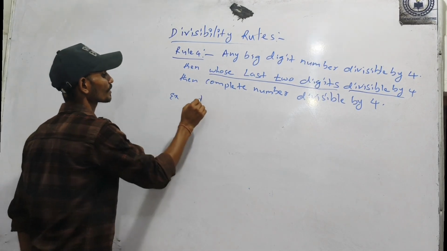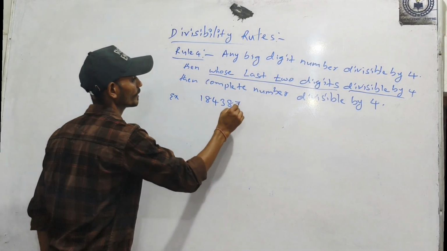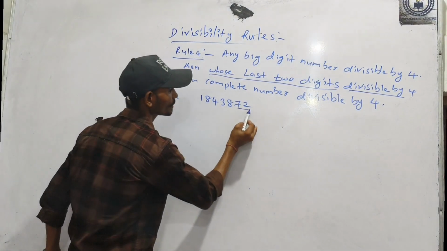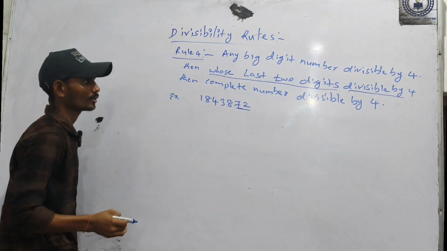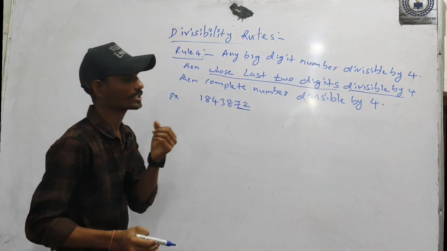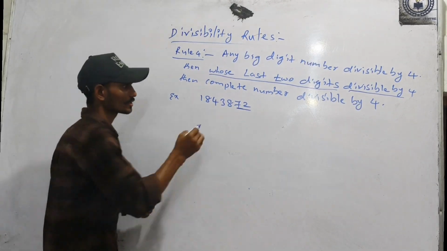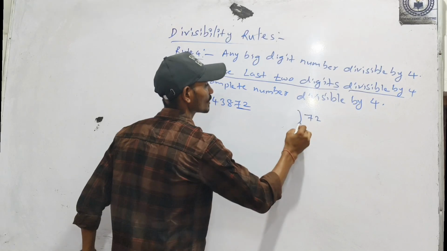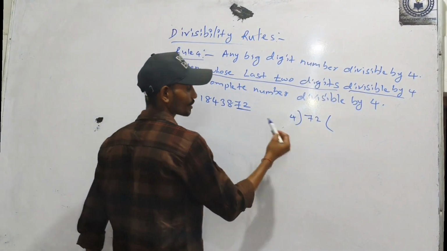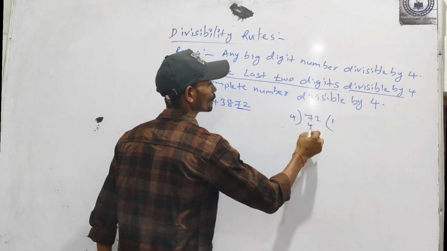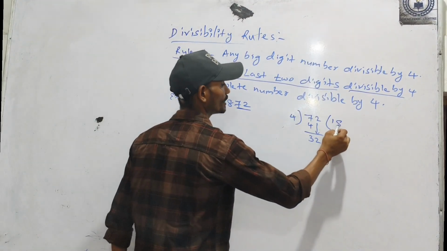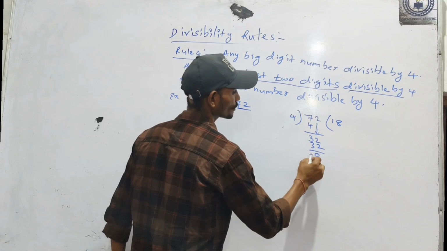For example, I am randomly given a number. Let's check whether its last two digits are divisible by 4 or not. Don't check the complete number, just check whether the last two digits are divisible by 4. The last two digits are 72, so I divide by 4: 4 ones are 4, remainder 3, take carry 2, so 4 eights are 32, 0.